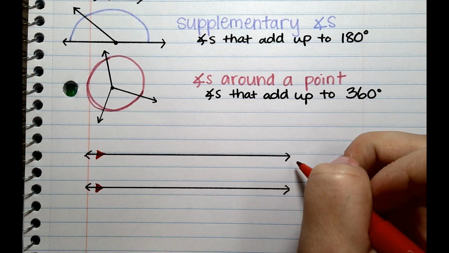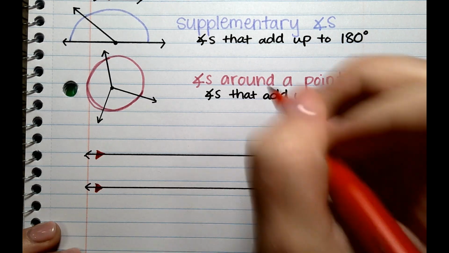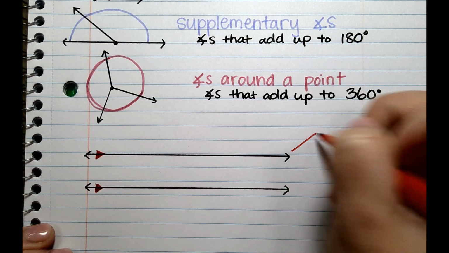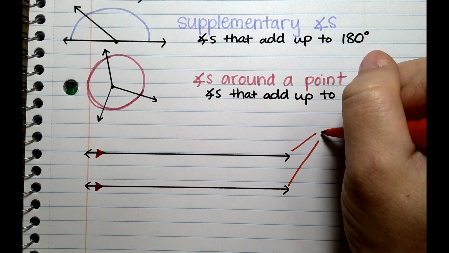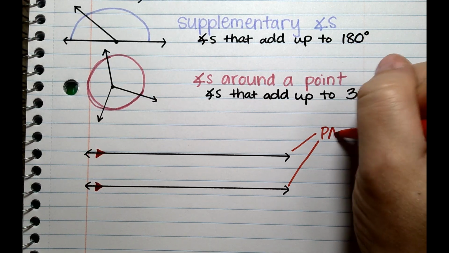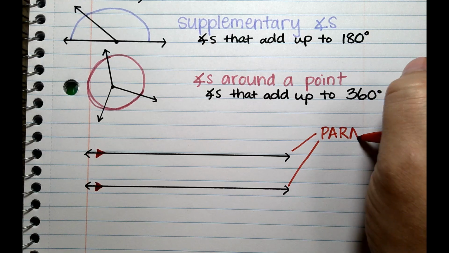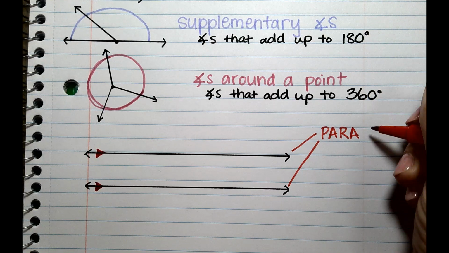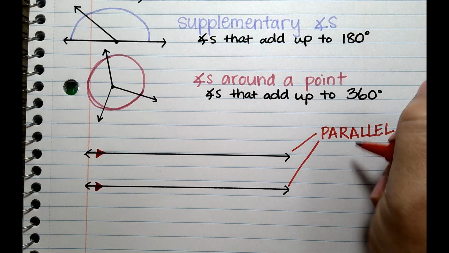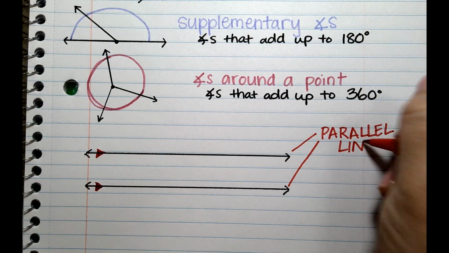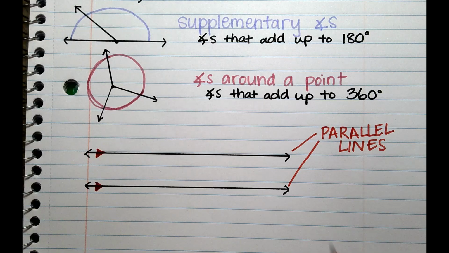So what I'm going to do over to the side somewhere is write, kind of pointing at both of these lines, parallel lines. Parallel lines. It just means they are going at the same angle.